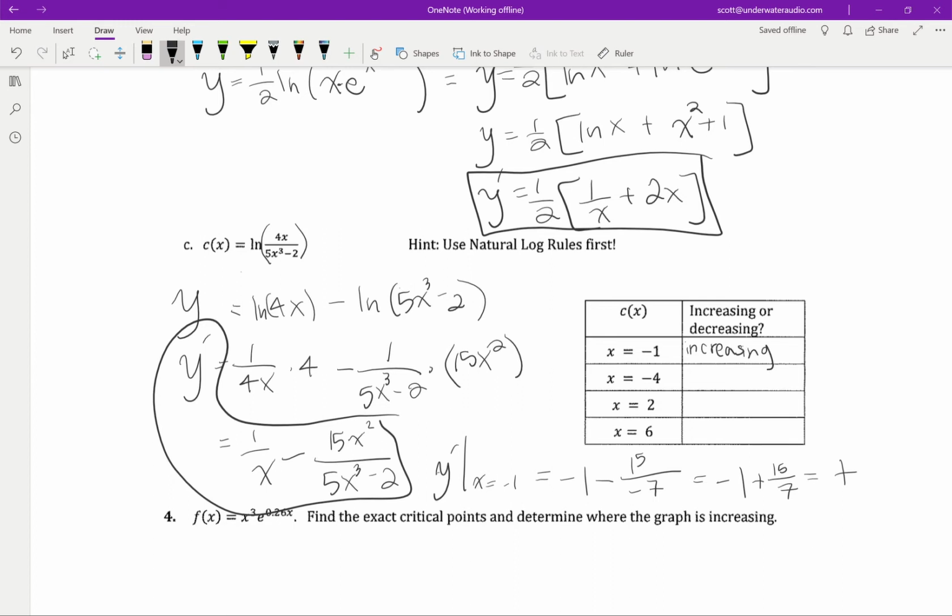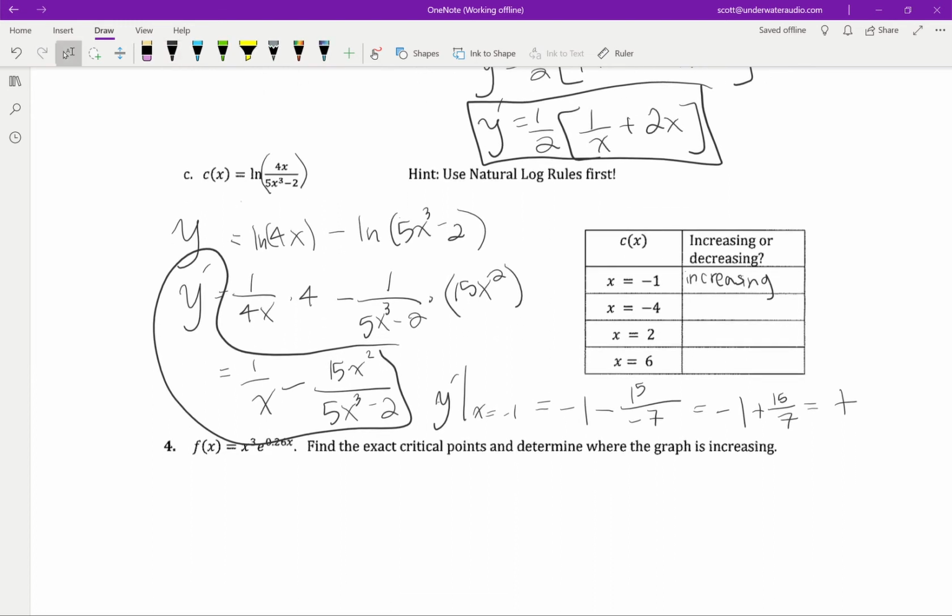Okay, so the next thing I need is y prime specifically at x equals -4. And I think this time I'm just going to use a calculator for the whole thing instead of mental math. So I get -1/4 and then minus 15 divided by -1 squared.